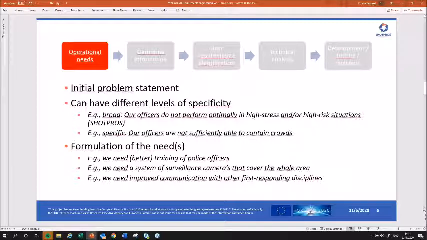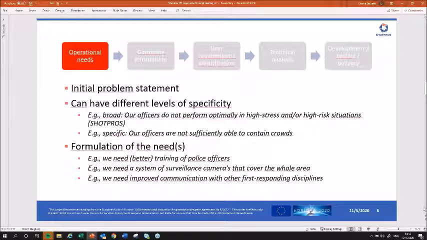But it can also be that they find that officers lack the sufficient communication skills to deal with victims of violent crimes, so that the aftercare of victims is sometimes lacking. And so then your need is quite specific already, but it can also be much broader.